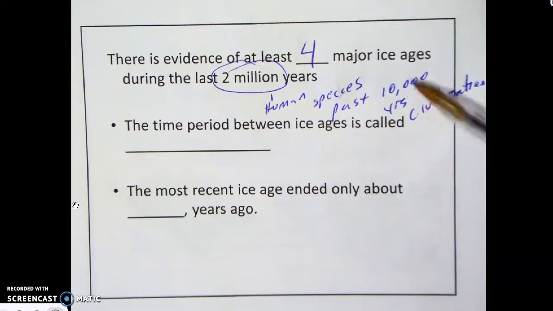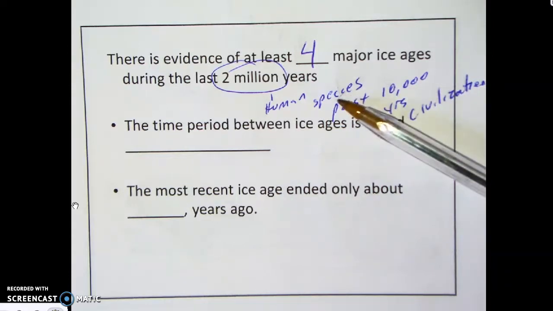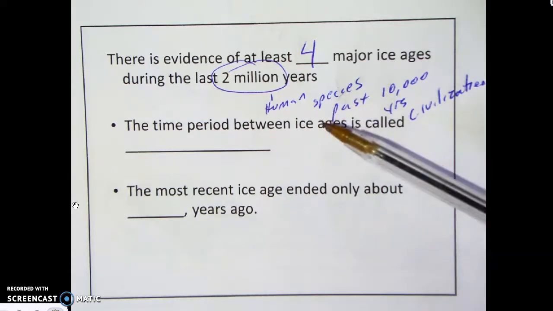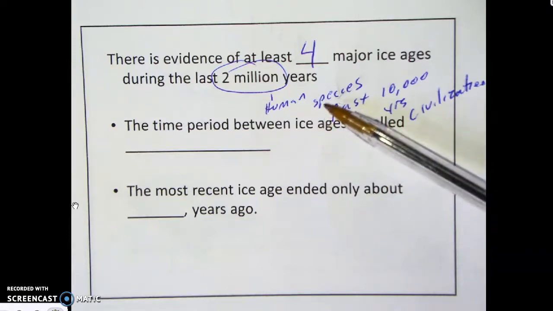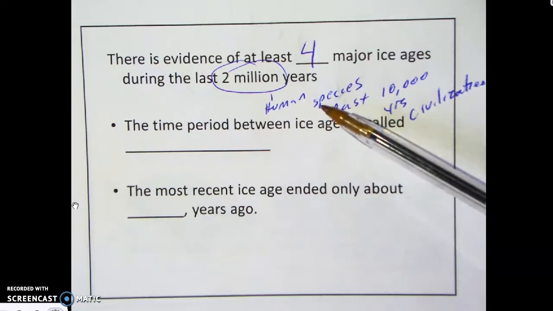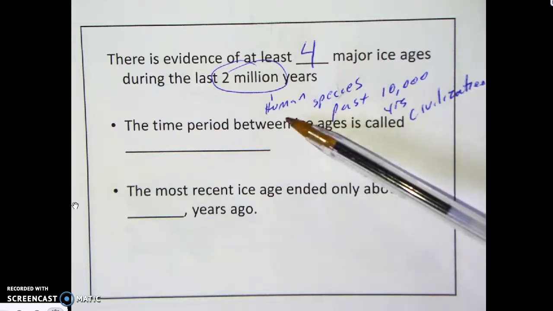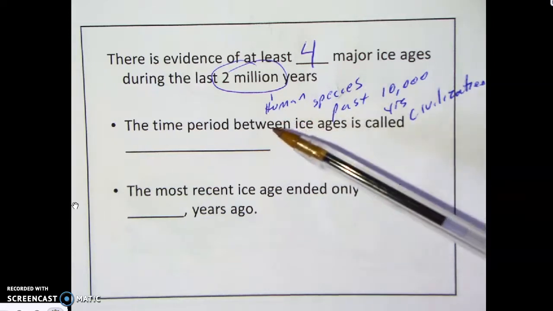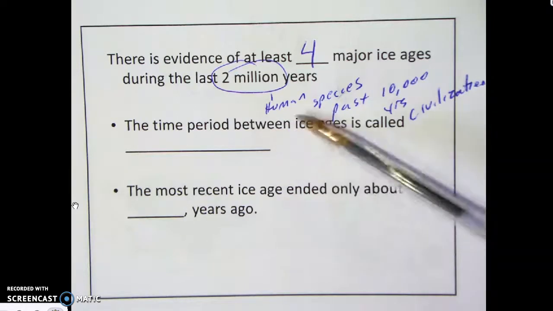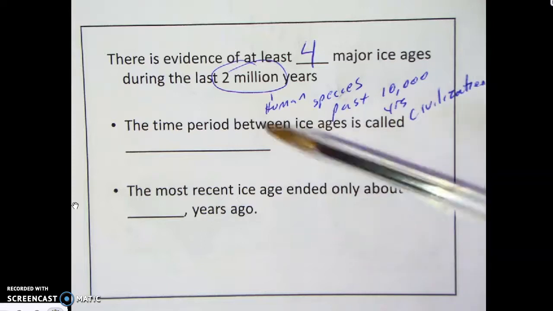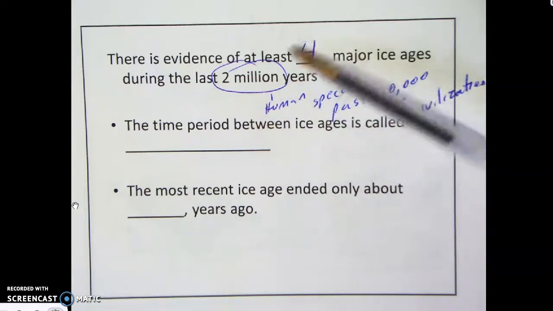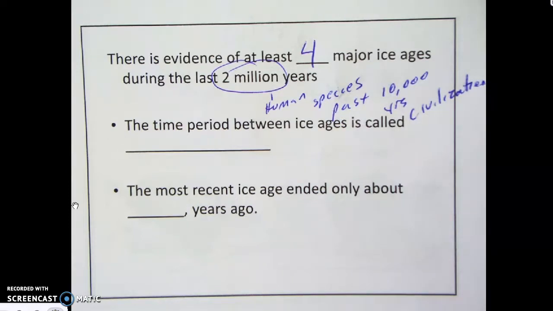Before 10,000 years, we're basically talking about humans, Neanderthals, and other hominid species, other types of people, human species. But we're basically talking about individuals, hunting, gathering. We're not really talking about civilization or societies. Anyway, during this time of human species, we believe there were 4 major ice ages.